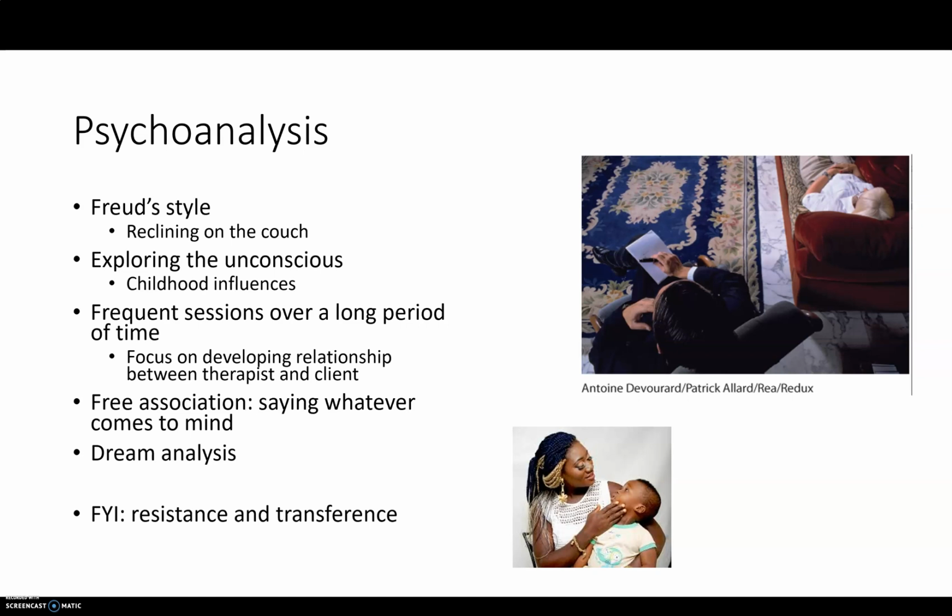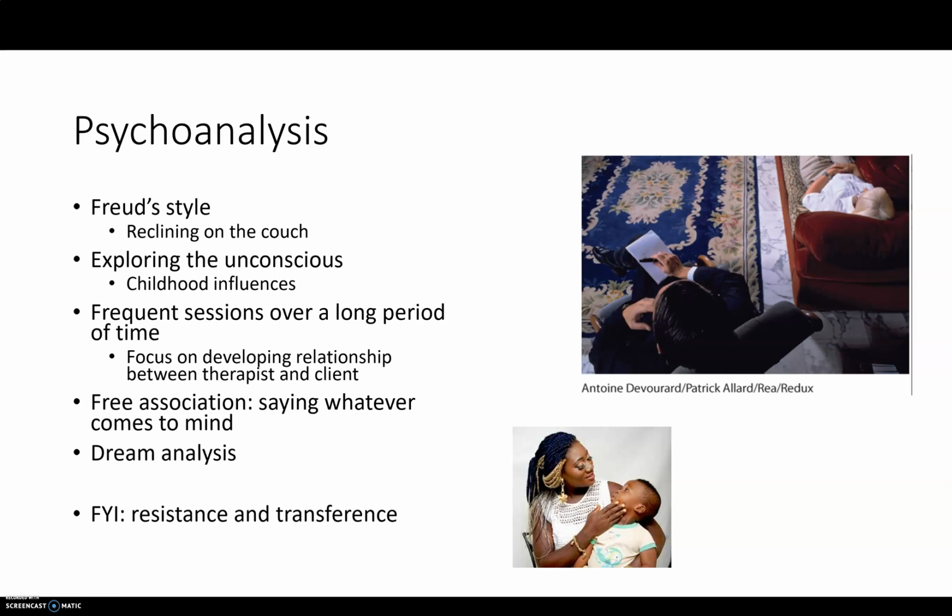Resistance is when a client is resistant to change and kind of putting barriers up to changing as a result of the therapy. Transference refers to when the client makes the therapist a key part of their life.